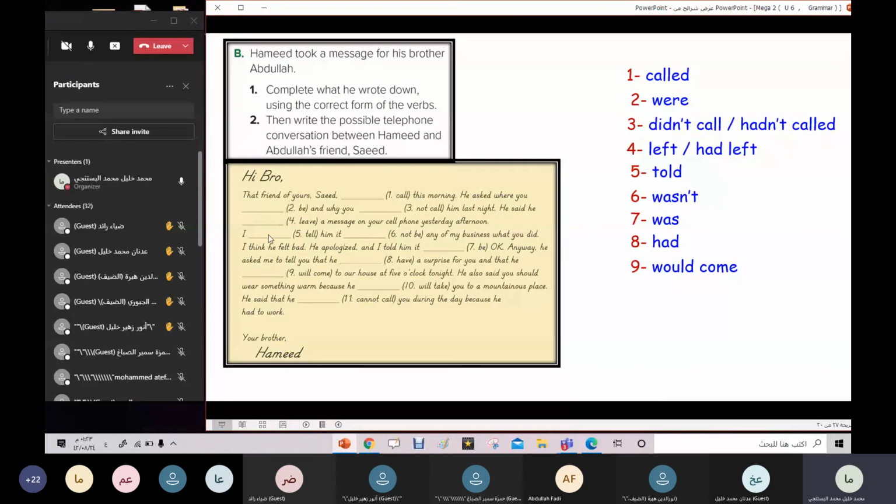Number 10, yes. Would take you to a mountainous place. He said that he. Yes, Diya. He said that he couldn't call you during the day because he had to work.